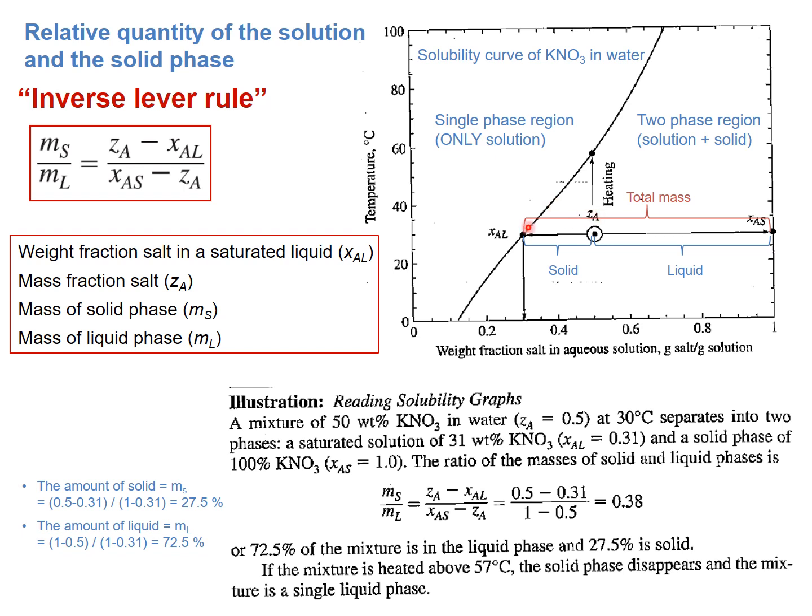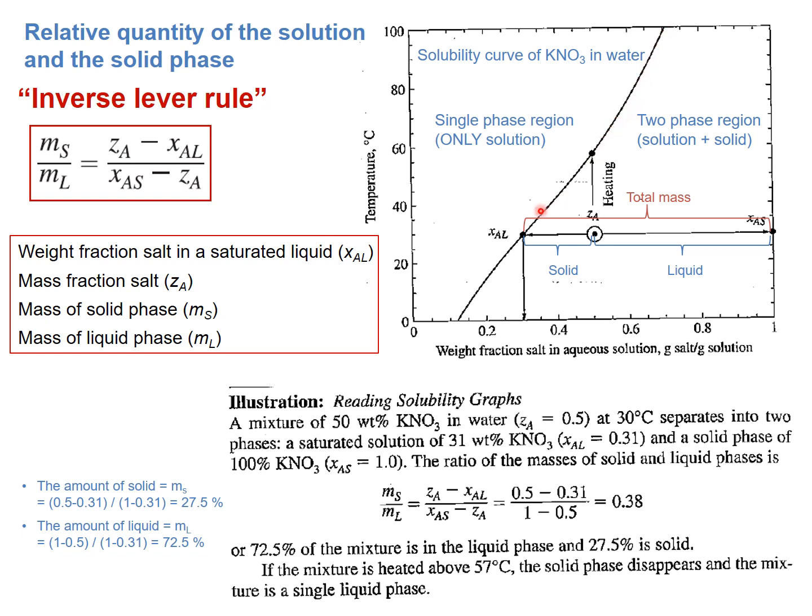I have said we are at 30 Celsius degree. Then this point is split into 2 points at the same temperature. One is here and the other is here.